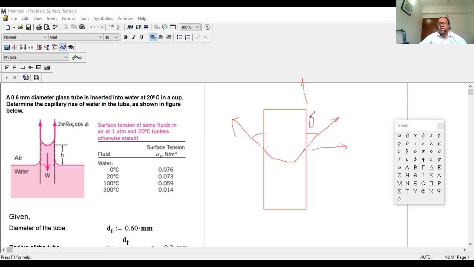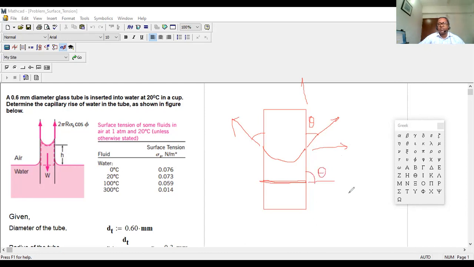So this is theta. Now, if this theta is increasing too much, then what is the maximum value of theta? If the fluid becomes straight right over here, no capillary rise, in that case your theta will be 90.